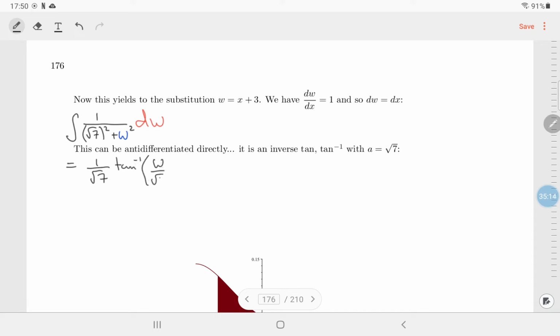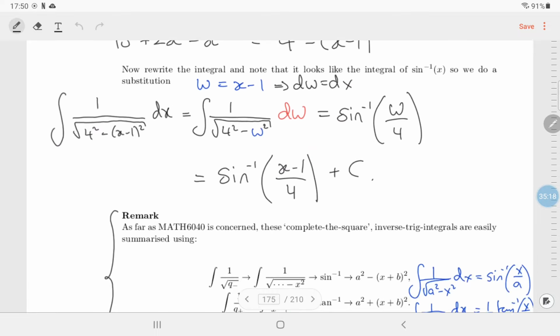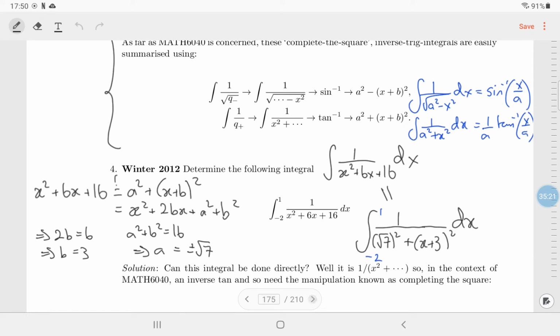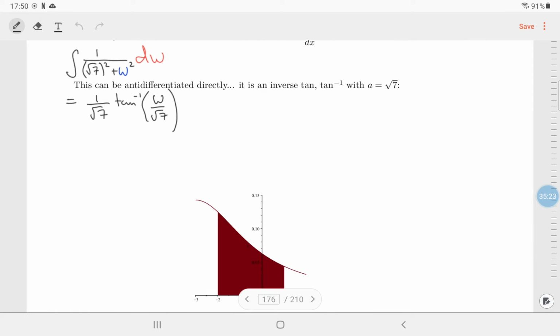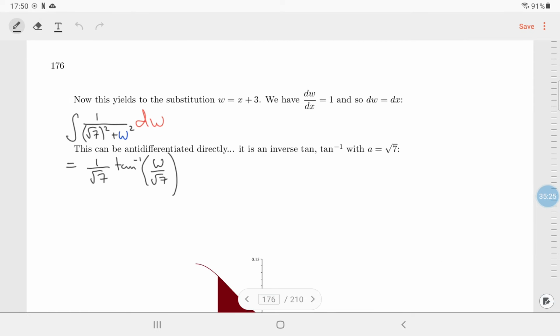Now I have to go back to use the limits, which were minus 2 and 1. I have to go back in terms of x, and w is x plus 3. So we get 1 over root 7 inverse tan of (x plus 3) over root 7. The numbers here are horrific.